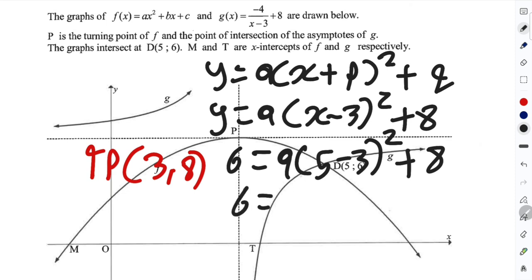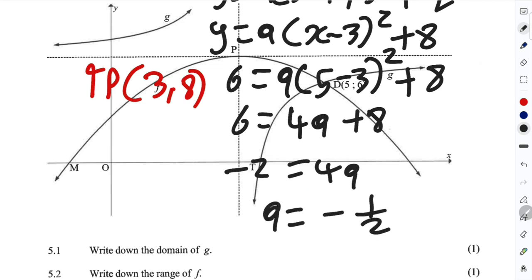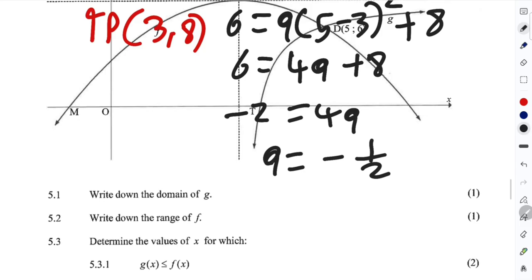Then 5 minus 3 is 2, 2 squared is 4, so 4a plus 8. I take 8 to the other side, that's negative 8. Then 6 minus 8, that's negative 2, equals 4a. Therefore a is equal to negative half, because I divided both sides by 4. So I've proven that a is negative half.